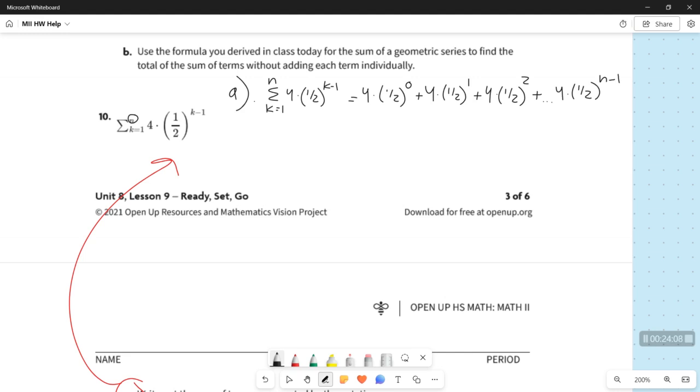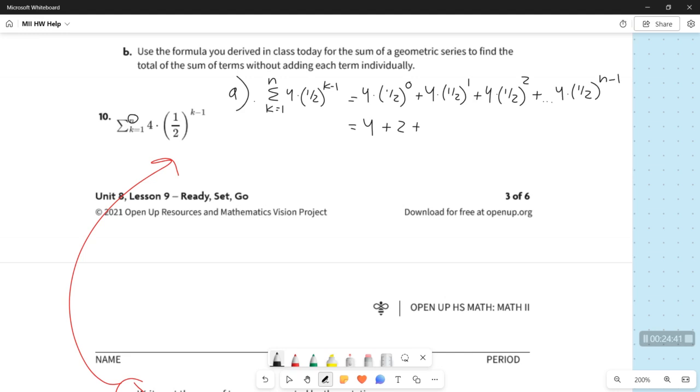So that's our answer. Now, depending on what your teacher is looking for, we can clean this up a little bit. Our first term is 1/2 to the 0. Again, any non-zero value to 0 is 1, and 4 times 1 is 4. Our second term, 1/2 to the first power is 1/2, and 4 times 1/2 is 2. So this is plus 2.